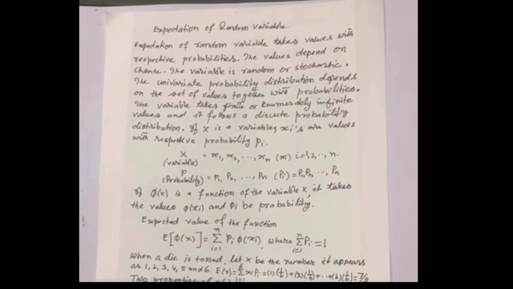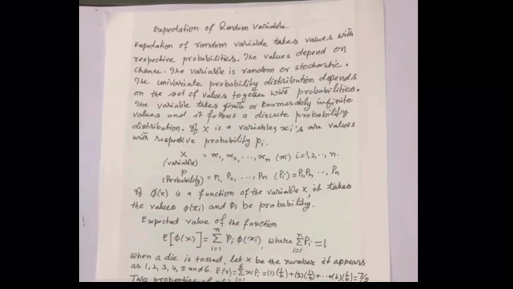The values depend on chance. The variable is random or stochastic. Sometimes it is called random, and in some books we'll find it is called stochastic variable.